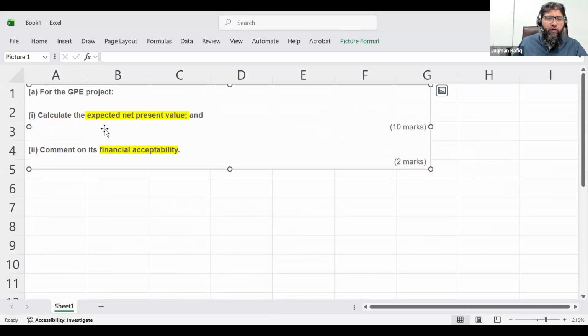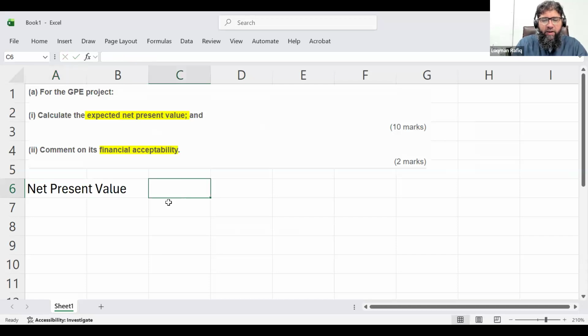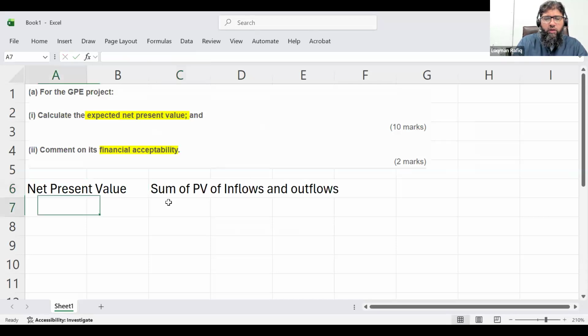First of all, it says expected net present value. Net present value is something that you know: you simply add up the sum of the present values of inflows and outflows, so you get the net present value.